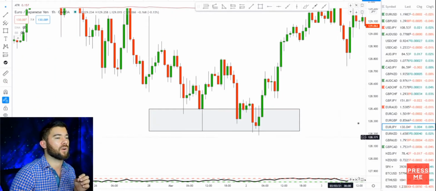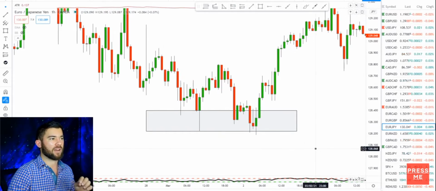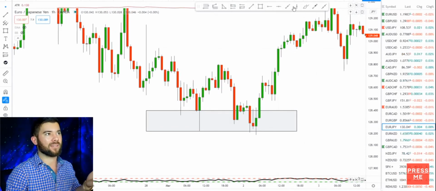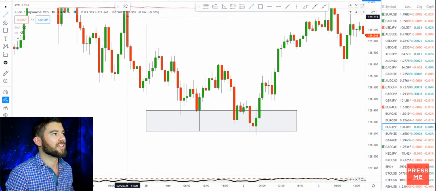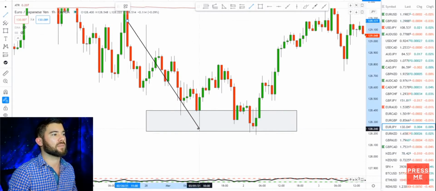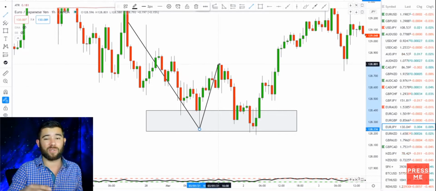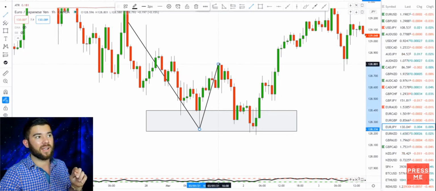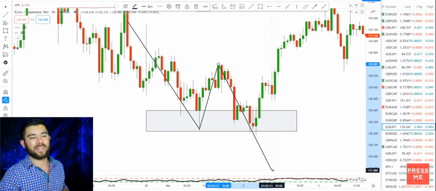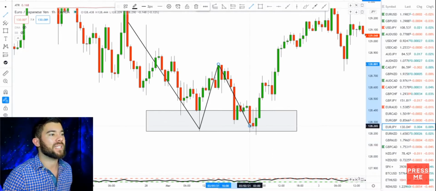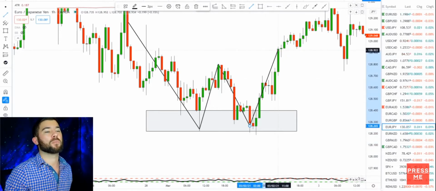For a double bottom, that's what we're looking at right now here on the euro yen. For this pattern, what I'm looking for, and the way it looks on a chart, is a market that comes down, creates a level of support, then bounces up to a level of resistance. But instead of continuing down in this downtrend, we come down, we retest this level of support, and we're supported yet again.